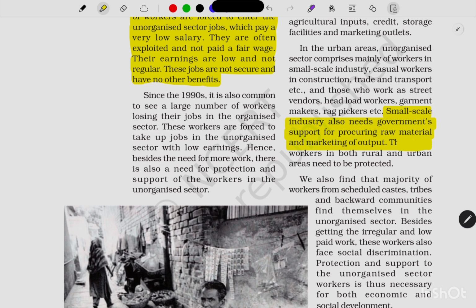The casual workers in both the rural and urban areas need to be protected.